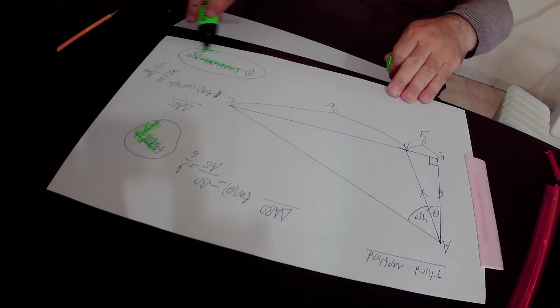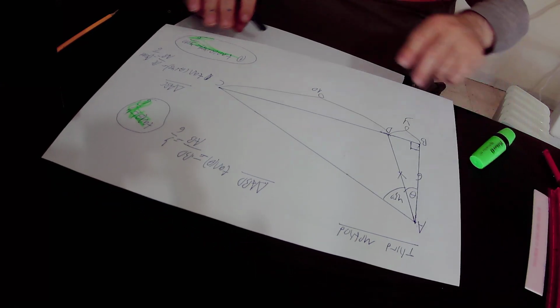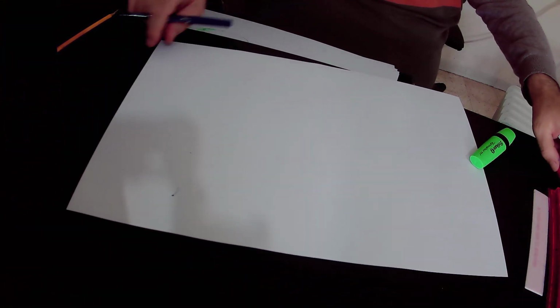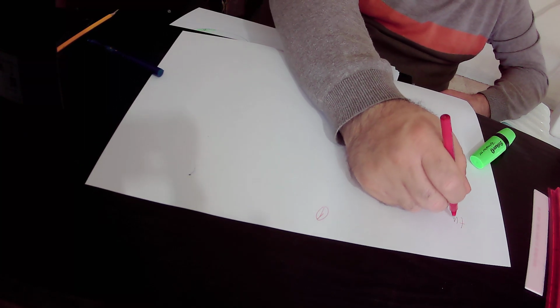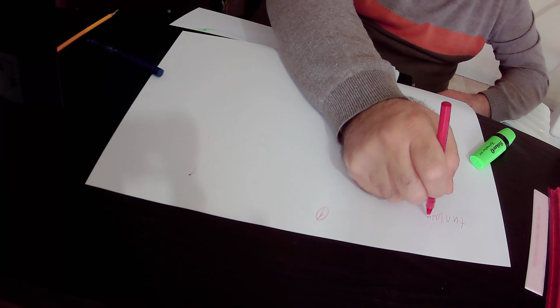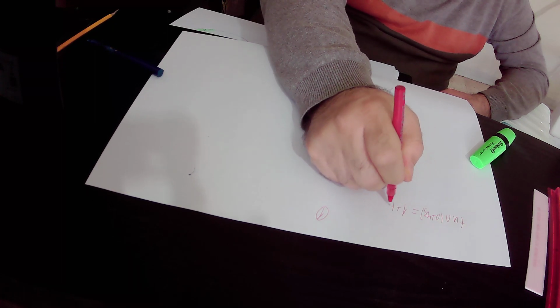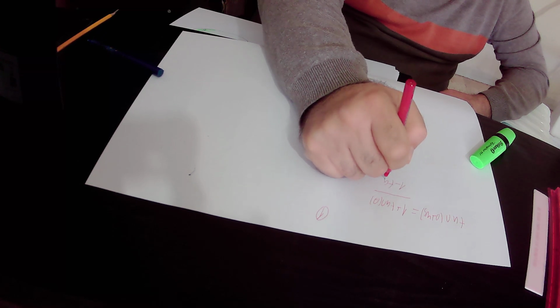And we actually have a trigonometric identity for tangent theta plus 45 degrees. Actually, the value of tangent theta plus 45 degrees is equal to 1 plus tangent theta over 1 minus tangent theta.